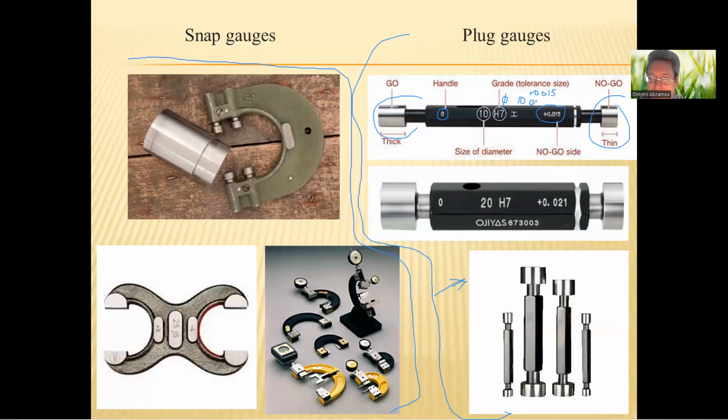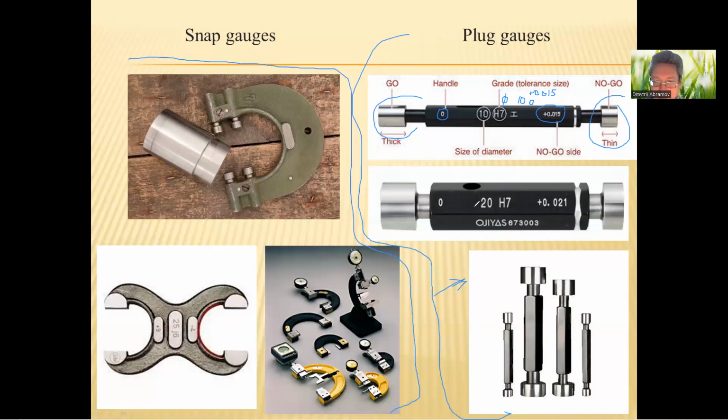It's the diameter of the hole that we can control with this plug gauge with this size of diameter and grade, with go side and no-go side.